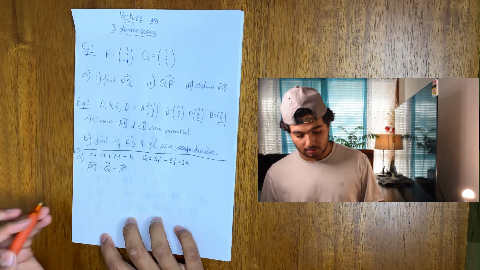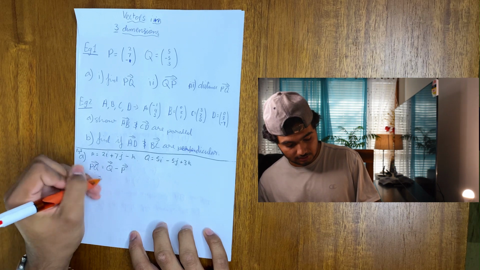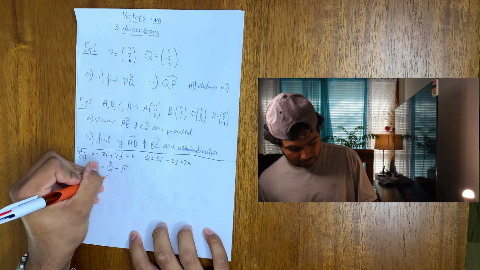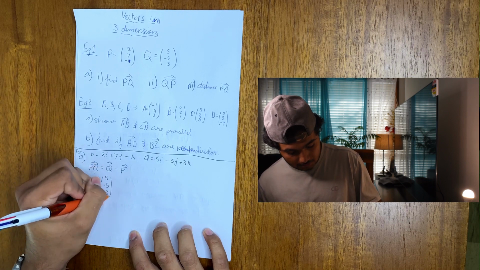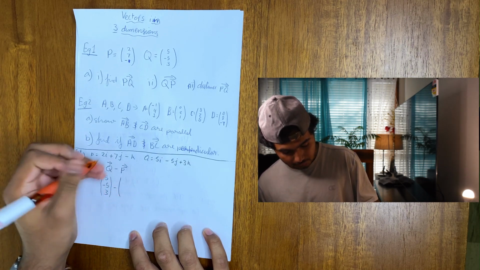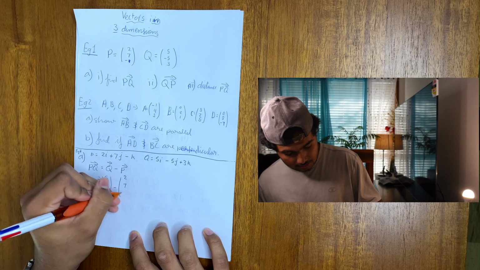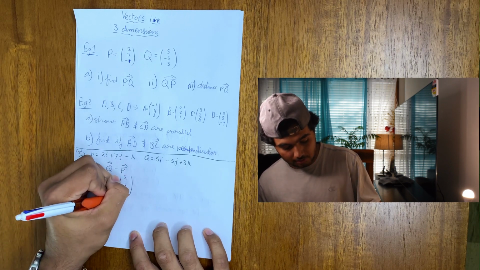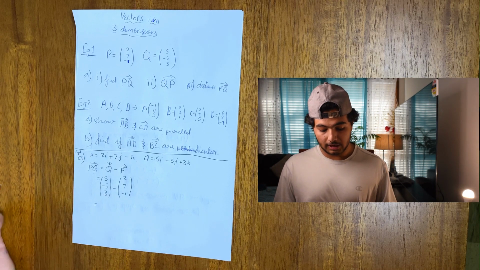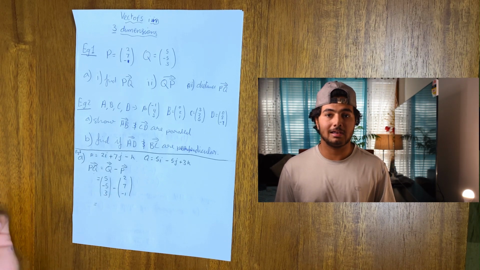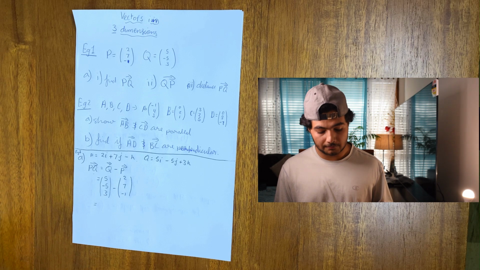So next step, what is vector Q? It's this. I'll rewrite this in this form. We have 5, -5 and 3, minus P, which is 2, 7, -1. To solve these in vectors, it's basically like collecting like terms in algebra.